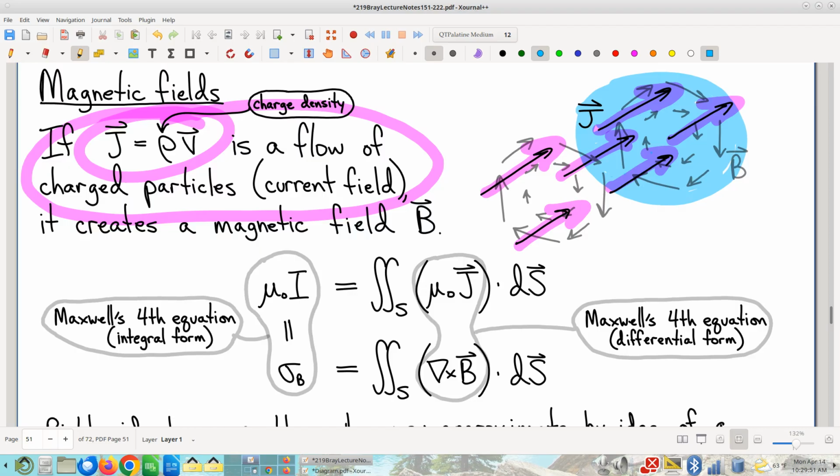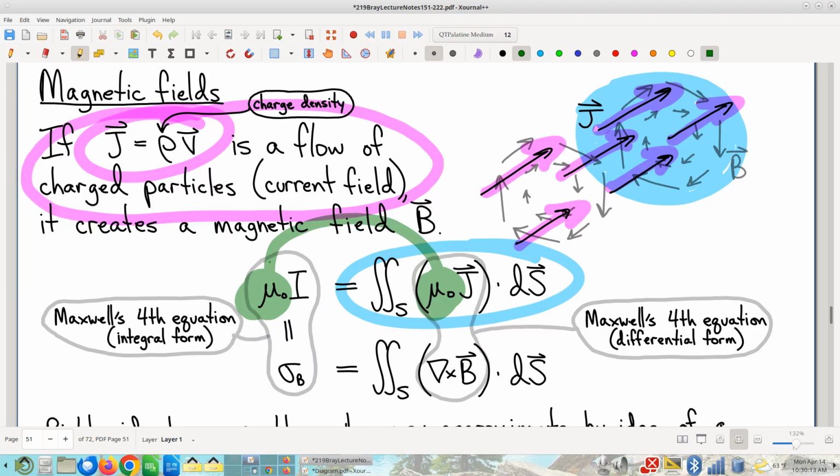And let's think about how we would describe the flux through that surface of this current field. And by the way, yes, there is this constant over here, this mu naught constant. Again, it's on both sides of the equation, so it's nothing we need to worry about. We'll get to that in a minute. But if you were to ask about looking at that current field and the flux through that blue surface, let's think about what that is.